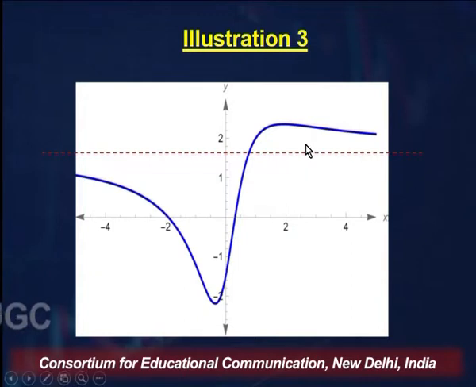What do you see? As you move towards the right as x tends to infinity, or even if you move towards the left as x tends to minus infinity, this line behaves convincingly as a horizontal asymptote. You can see that the distance between the graph and the line is becoming smaller and smaller.